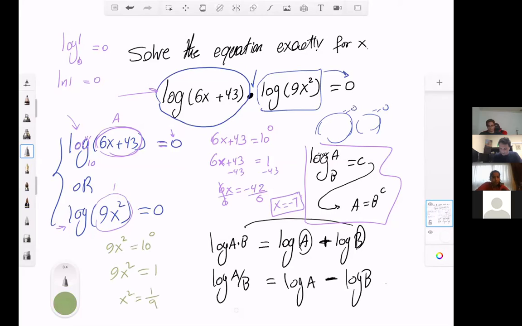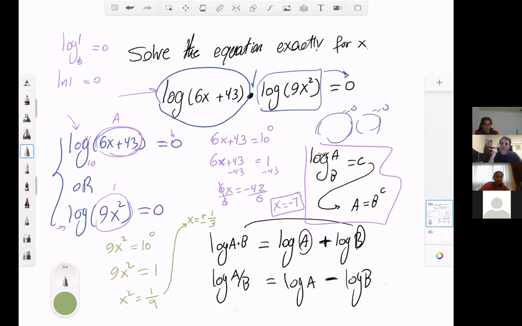Correct, Ella? Now, how do you solve for x here? x squared equal to 1 over 9. What is x? You have to square root both sides. Very nice. So x will be plus minus 1/3. All right.